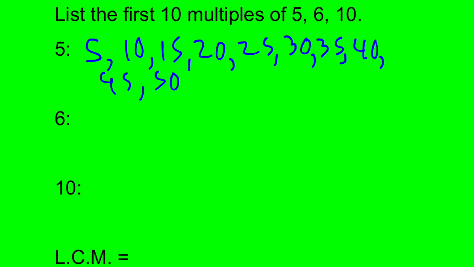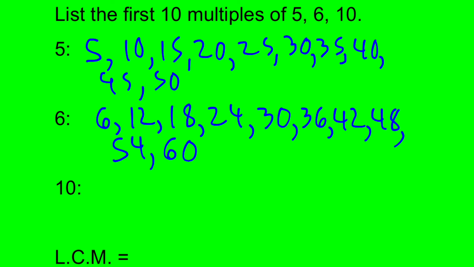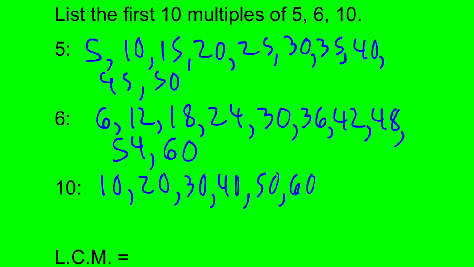The first 10 multiples of 6 go 6, 12, 18, 24, 30, 36, 42, 48, 54, and 60. And the first 10 multiples of 10 are 10, 20, 30, 40, 50, 60, 70, 80, 90, 100.